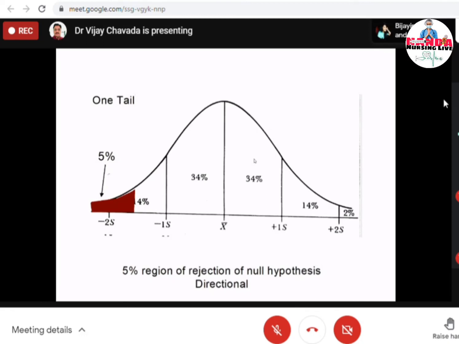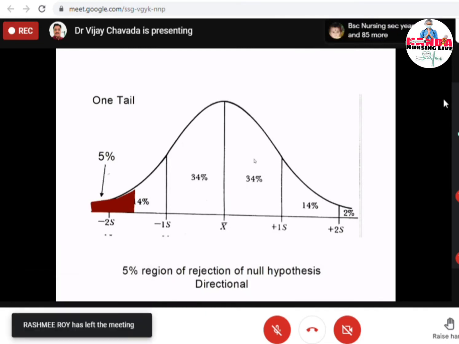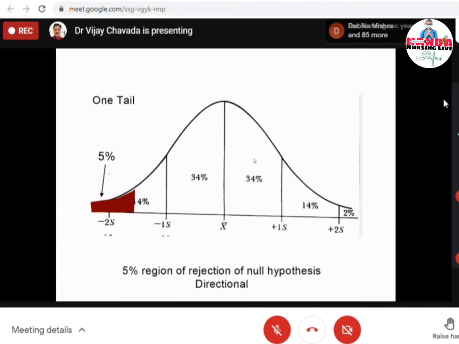Sometimes we test a drug and our assumption is, I don't know whether it is decreasing or increasing the BP. But when you claim that the drug is going to decrease the blood pressure, you are taking a one-tailed rejection. Try to understand what is meant by two-tailed and one-tailed.